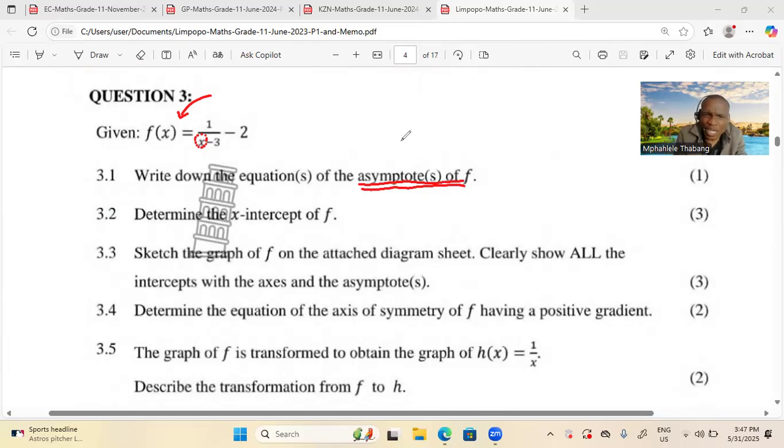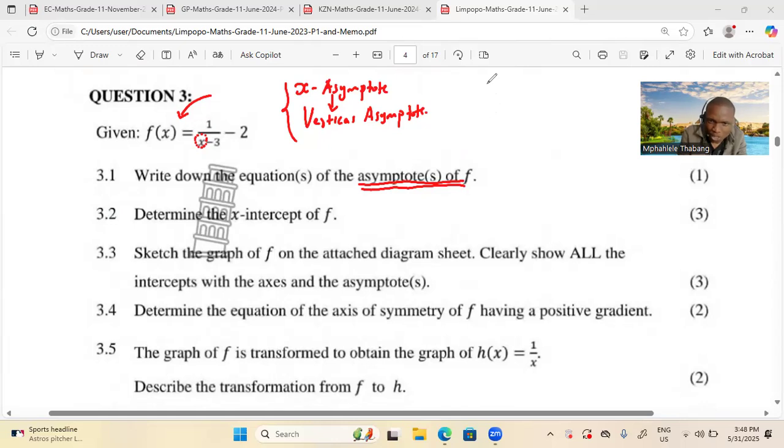A hyperbola function has what we call the x asymptote, and this x asymptote is called a vertical asymptote. Know the language of mathematics. We are dealing with maths, so we must know the language of maths. When we talk about the x asymptote, we are talking about the vertical asymptote.